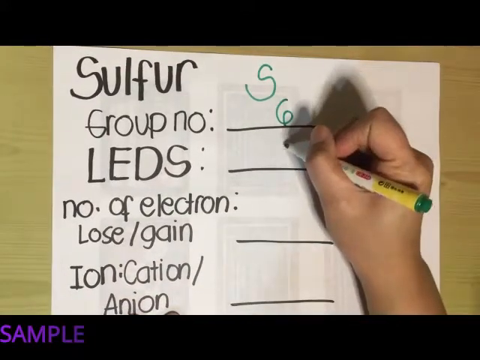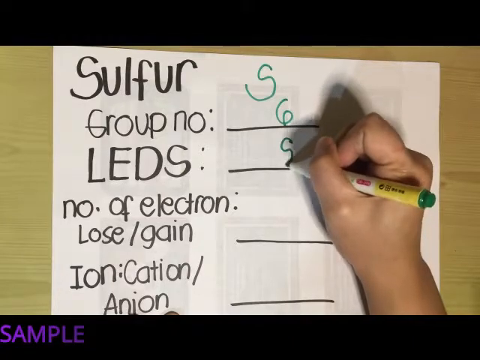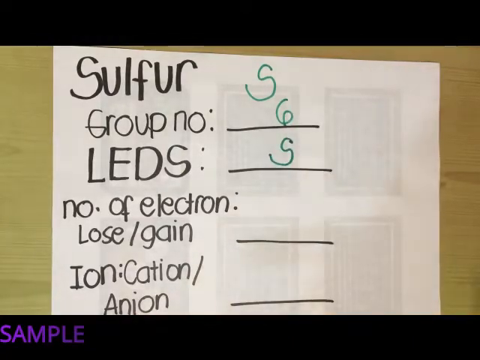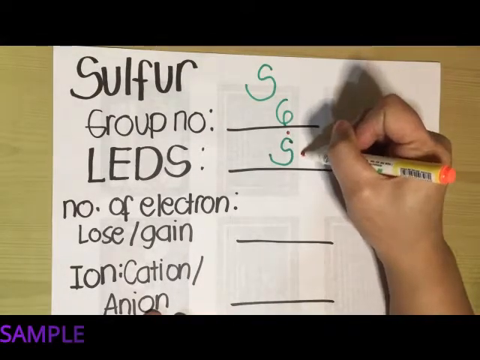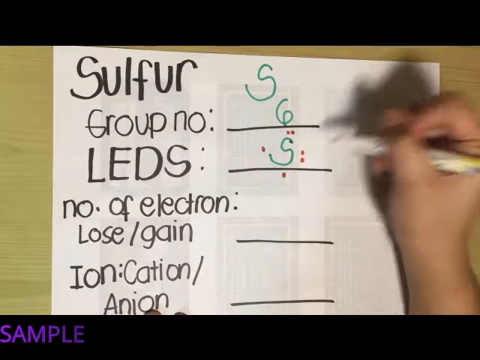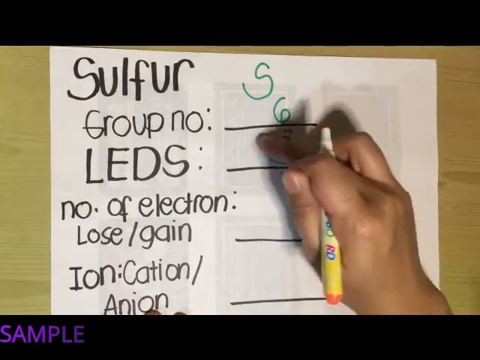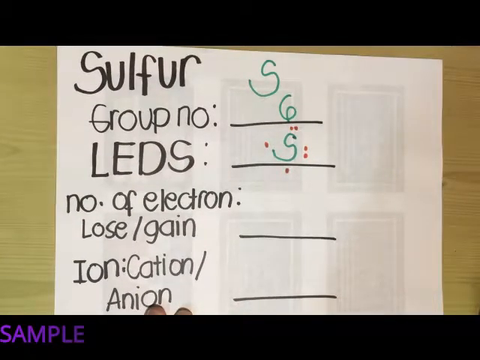So, sulfur, pwede nating isulat ng ganito yung kanyang LEDs. S, again, is the symbol. Then, ilagay natin yung kanyang valence electron or group number. So, we have 1, 2, 3, 4, 5, 6. Pwede rin itong magkasama na. Okay lang yan. Then, number of lose or gain electron.